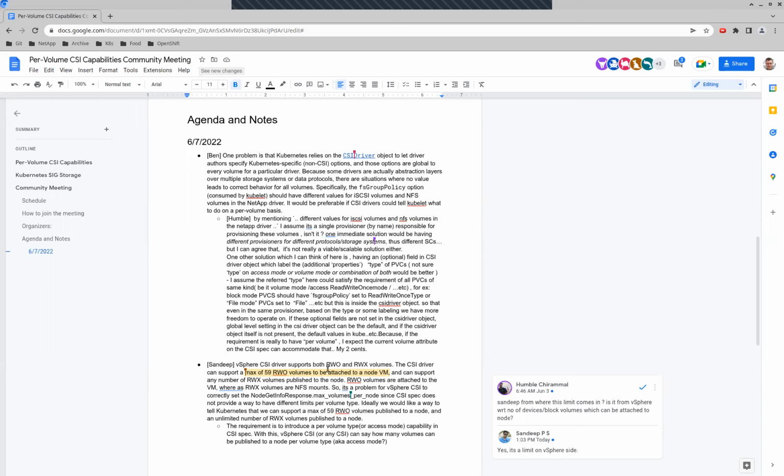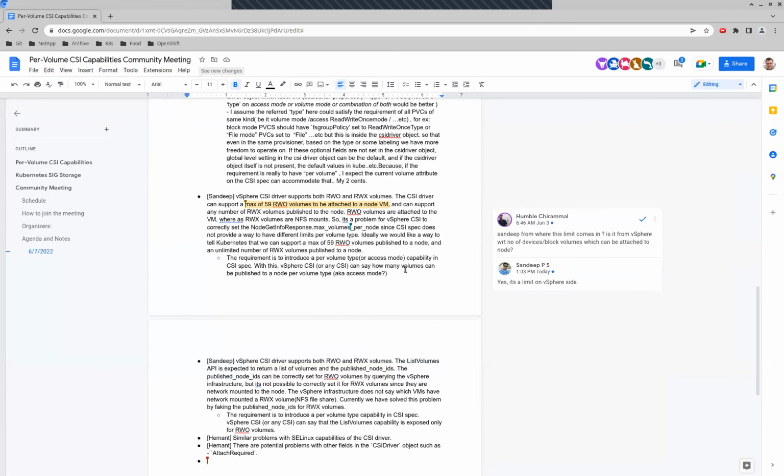But I could go either way as far as solving my problem, but I would like to come up with a general scheme that addresses everyone's problem. So Sandeep, can you describe your use case? We can see how similar it is.